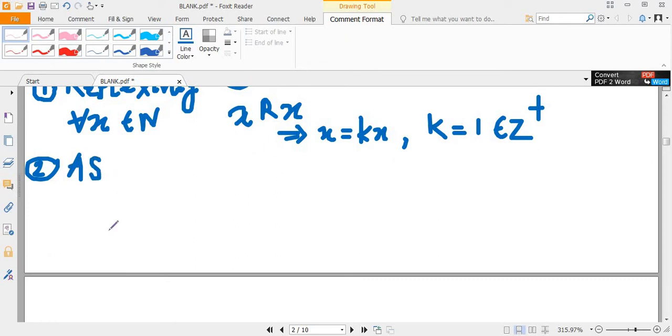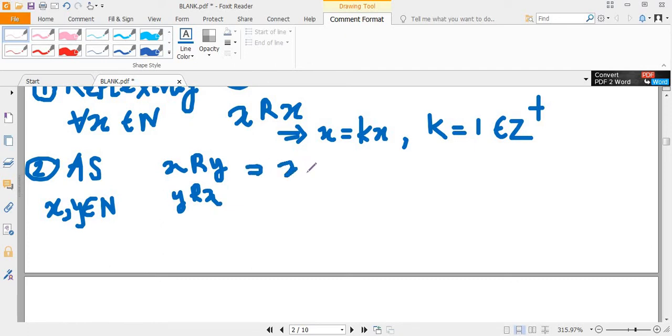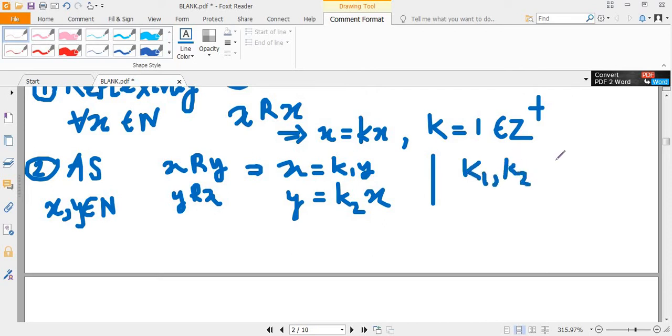Now, the property of anti-symmetry said that if I have two elements x and y belonging to the set of natural numbers, and as per the sum, x is related to y and y is related to x, that would imply x is equal to k1 y and y is equal to k2 x. Here both k1 and k2 will have to belong to the set of positive integers as per the definition.